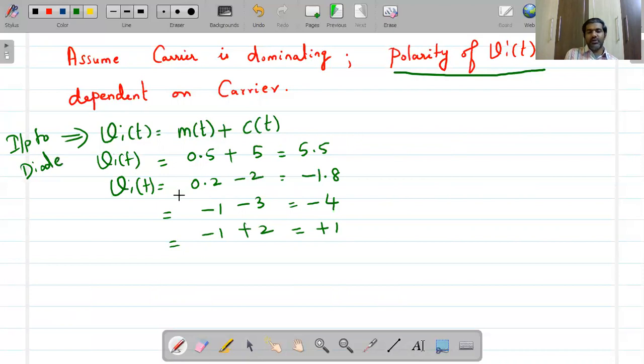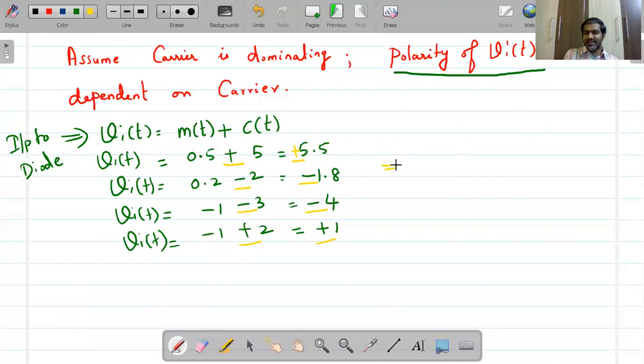If you see here, this is positive, this is also positive. This is negative, this is also negative. This is negative, this is also negative. This is positive, this is also positive. So what is your observation?